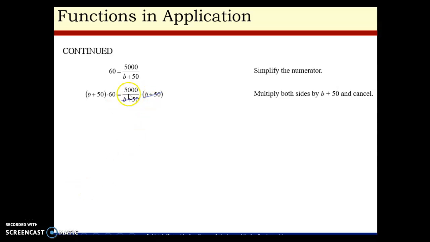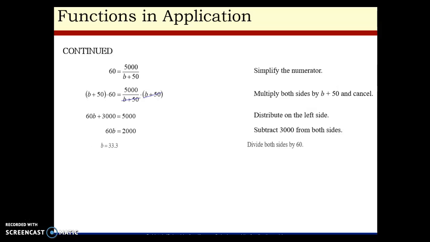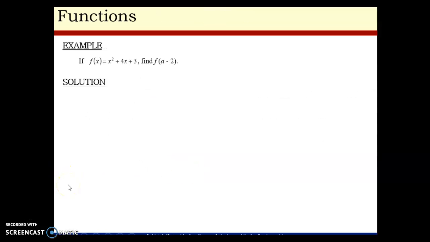When we simplify the numerator on both sides, 60b plus 3,000 equals 5,000. 60b equals 2,000. b equals 33.3. So what does that mean? So when r of 50 equals 60, b equals 33.3.